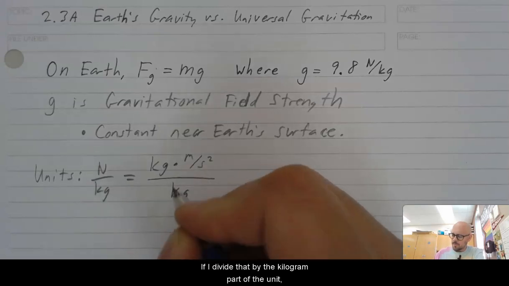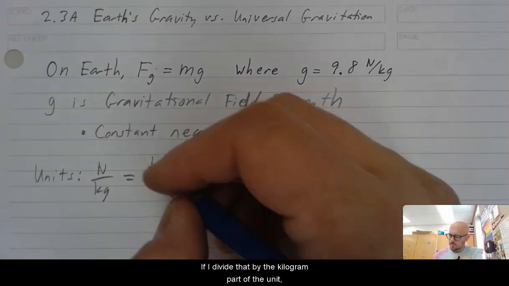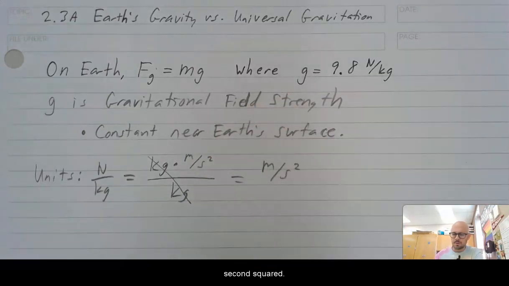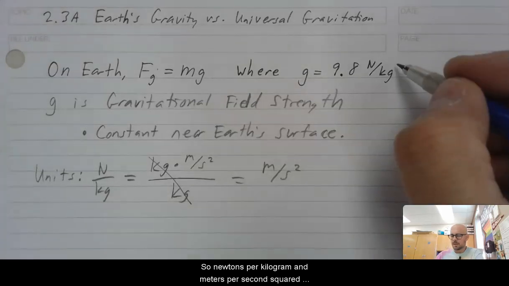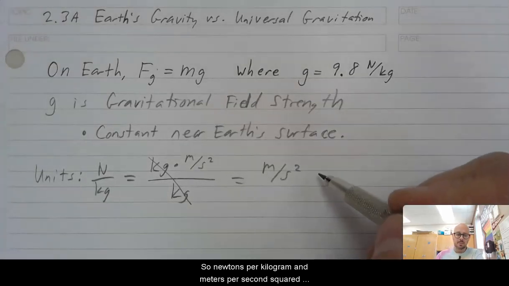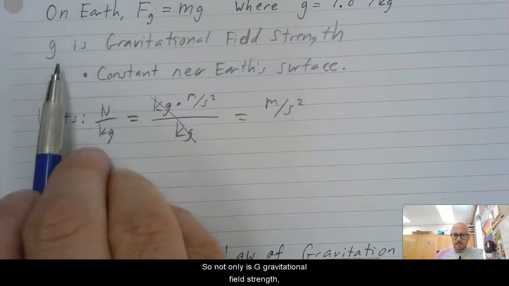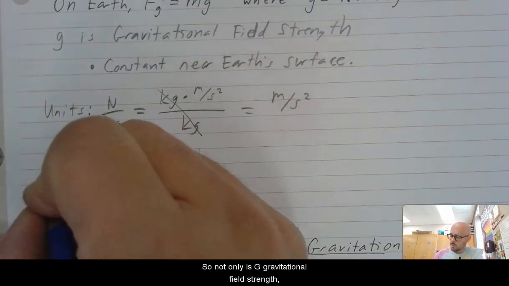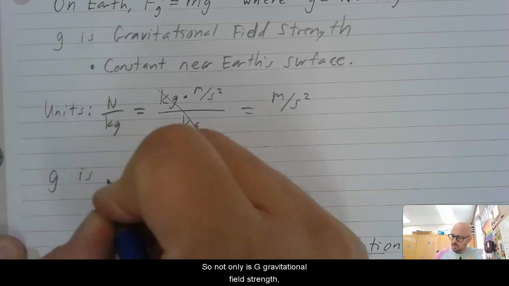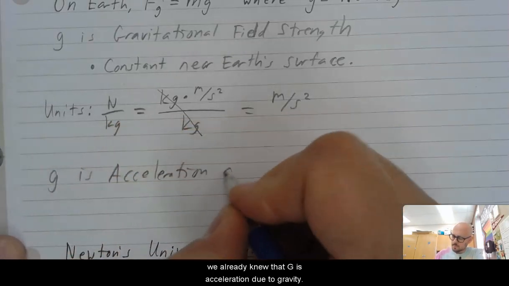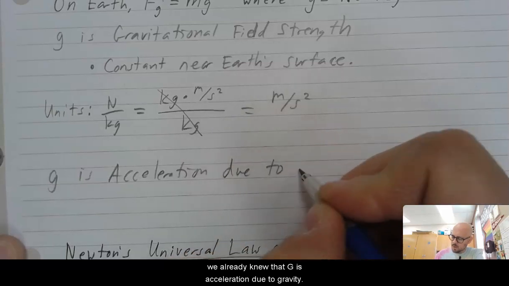If I divide that by the kilogram part of the unit, that cancels, and I'm left with meters per second squared. So newtons per kilogram and meters per second squared are actually the same unit. So not only is g gravitational field strength, we already knew that g is acceleration due to gravity.